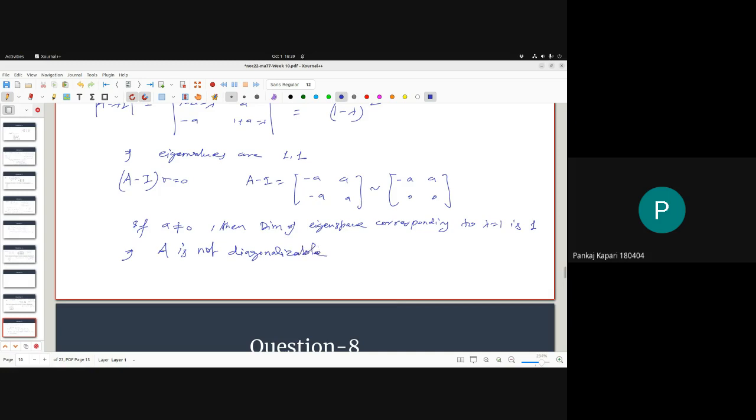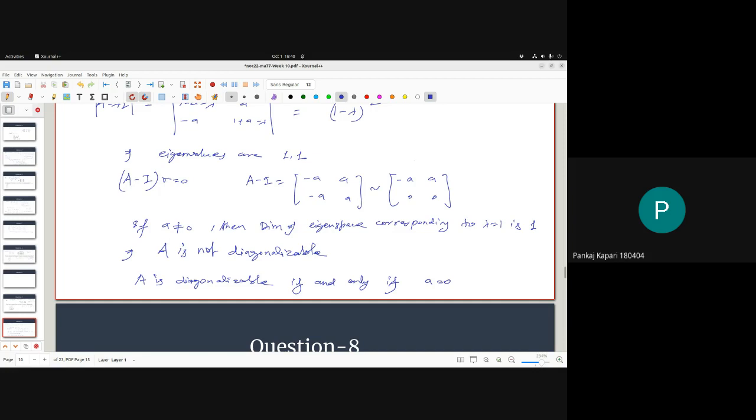So if A is non-zero, then the matrix cannot be diagonalizable. So for A to be diagonalizable, if and only if A must be 0, right?